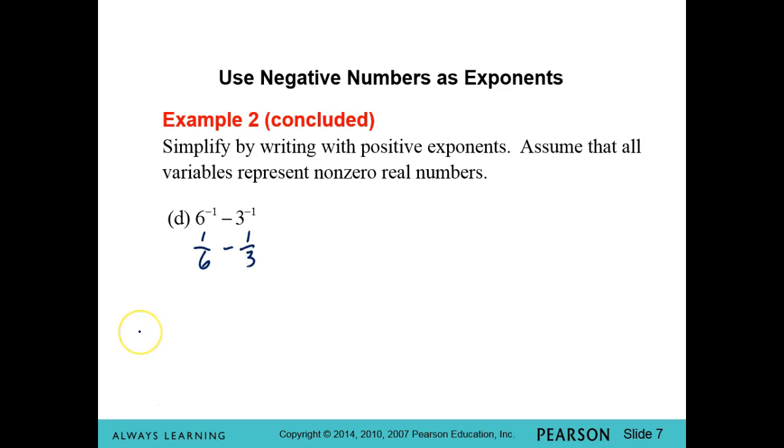Okay. Now, we can take that a little bit further, can't we? Now, that has become from a negative exponent problem to a subtraction of fractions problem. What do you do to subtract fractions? Common denominator. What's your common denominator between those two denominators? 6.